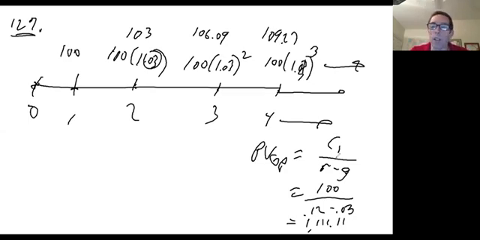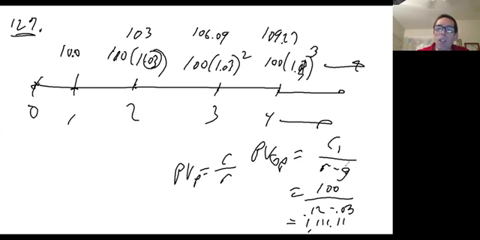The second thing we want to take a look at is what happens if the growth rate is 0. Well, if the growth rate is 0, then you've got $100, $100, $100, $100. You've just got a regular old perpetuity. And guess what? The present value of a perpetuity is equal to the cash flow divided by the discount rate. It's the same formula we've got here.